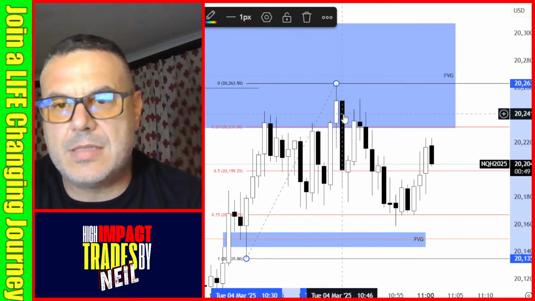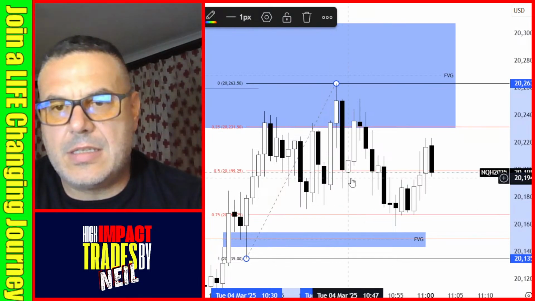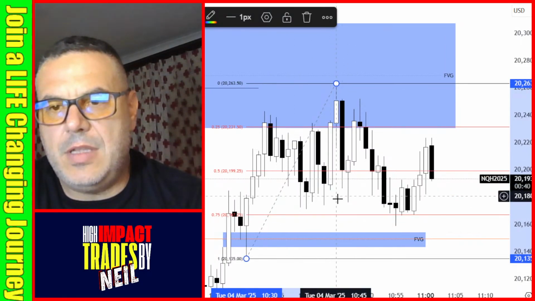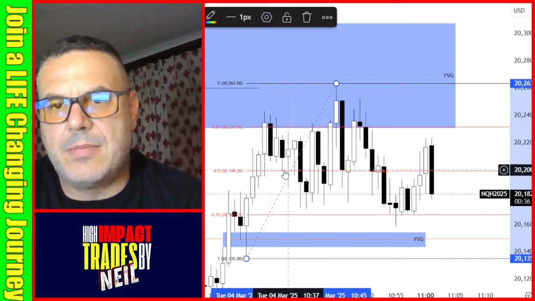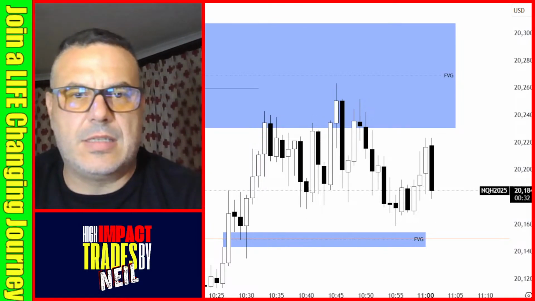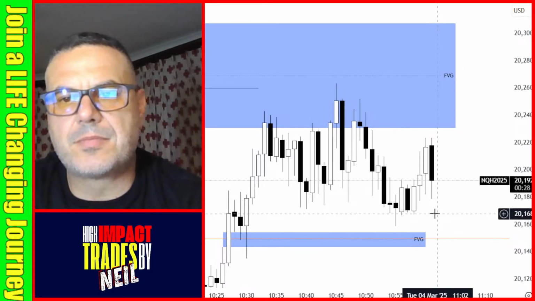If you mark the highest point, this price is going sideways, working this discount area below the 50, and might just run up from here. But that's just an observation. That's not something I'm putting my money on.